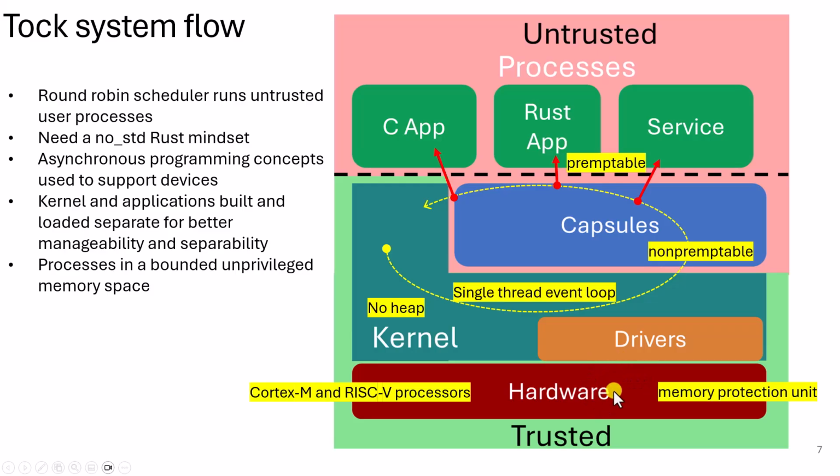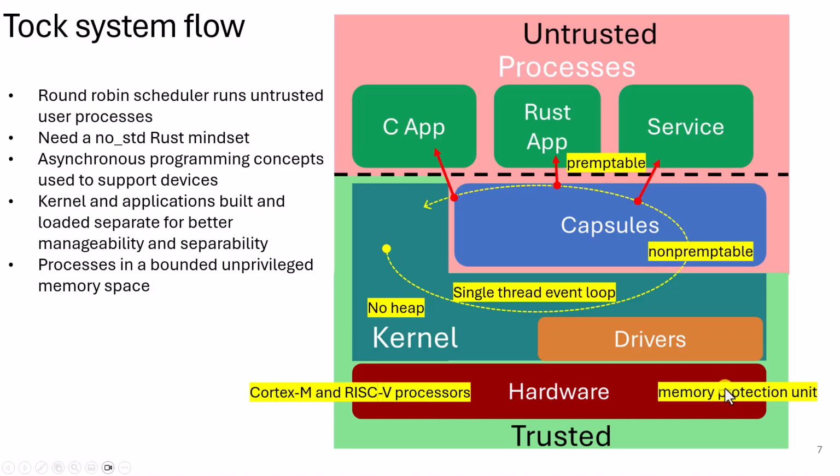And the hardware for actually running the Tock operating system can be either an ARM Cortex-M processor, something with a memory protection unit, or RISC-V processors, also with a memory protection unit.